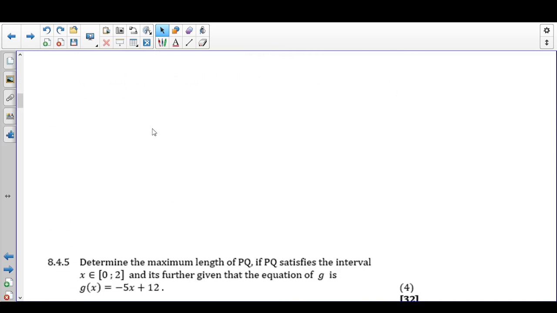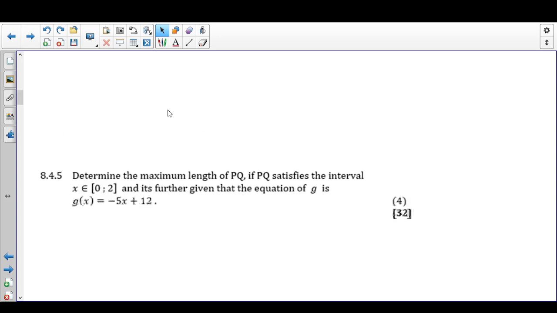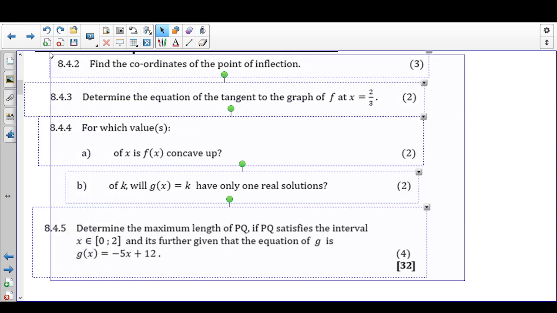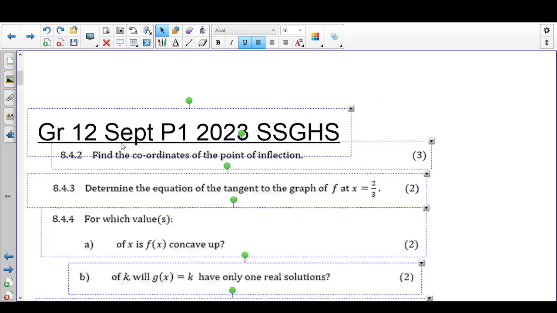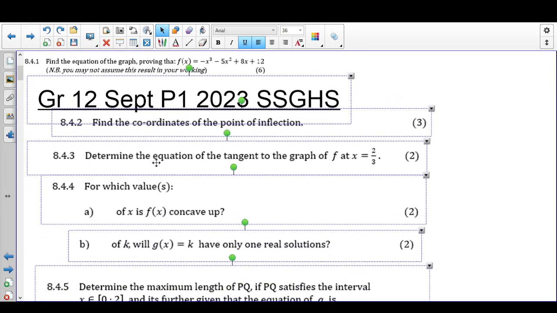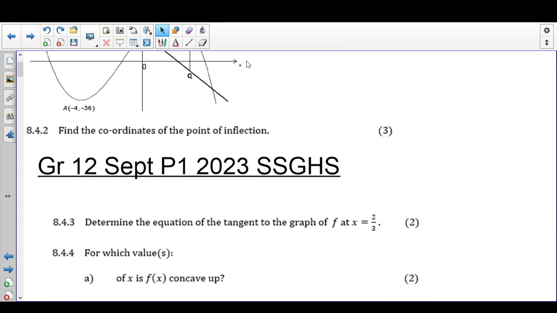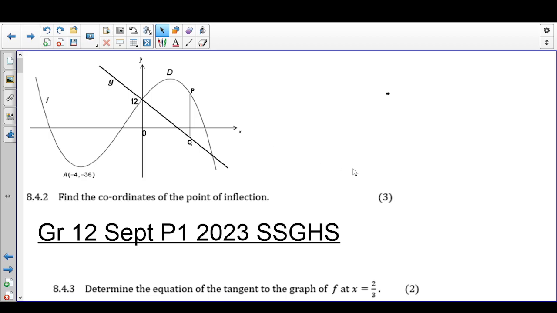There are some interpretation questions with regards to this graph. So 8.4.2: find the coordinates of the point of inflection.